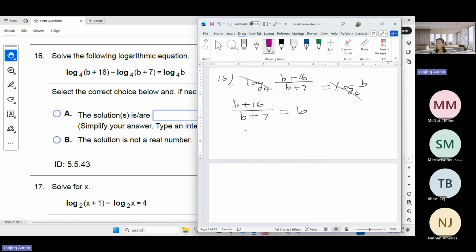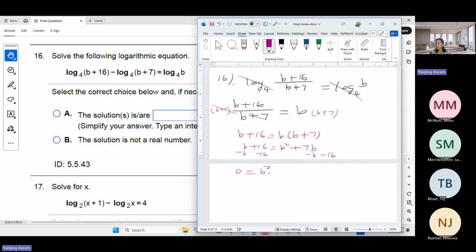All right, and then multiply both sides by b plus 7 to get rid of this fraction. So we're going to have b plus 16 equal to b squared plus 7b, and then minus b minus 16 on both sides. So this side will be 0, right?